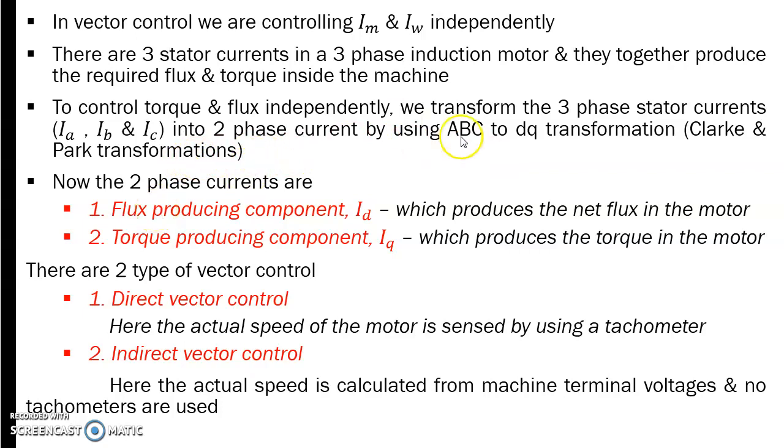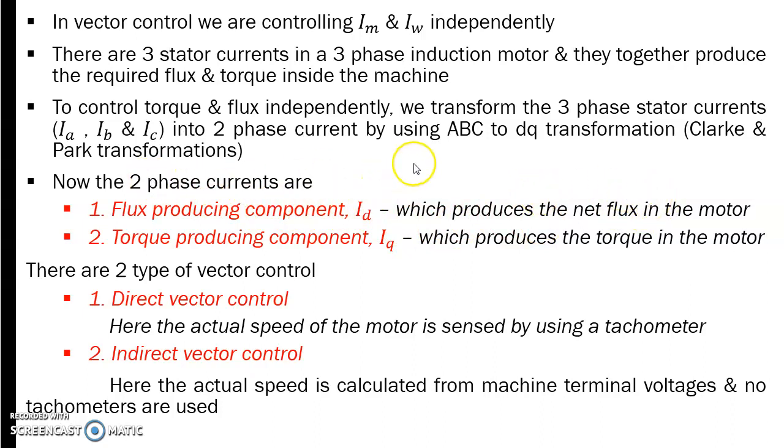Suppose that transformation can be done using some mathematics. Then finally IA, IB, IC is transformed to ID and IQ. ID is the direct axis component, which produces the net flux in the motor.